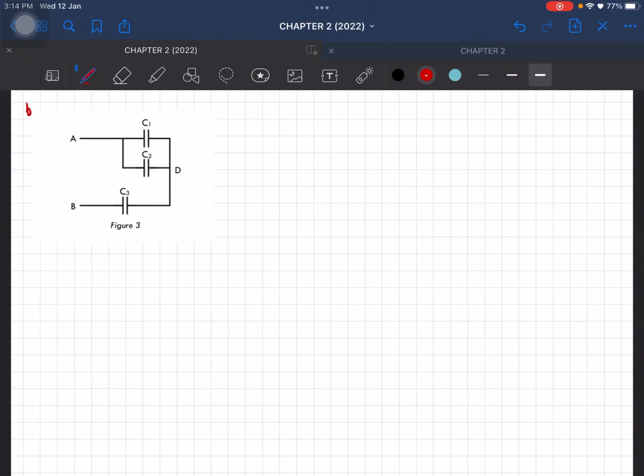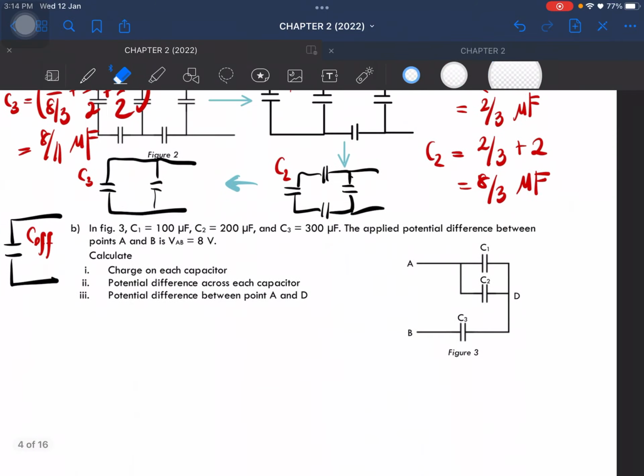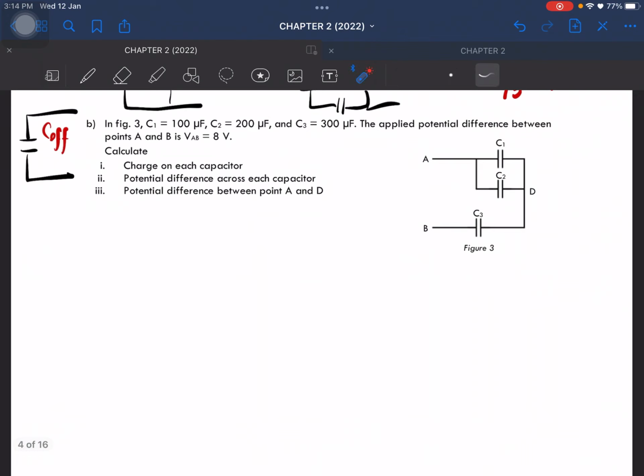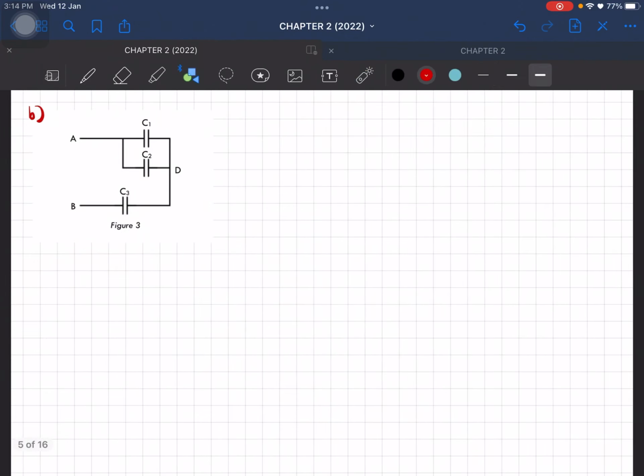Now for question B, example 3B. We have to calculate the charge on each capacitor, the potential difference across each capacitor, and the potential difference between point A and D. First let us simplify this circuit.